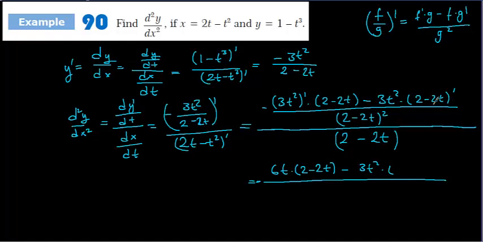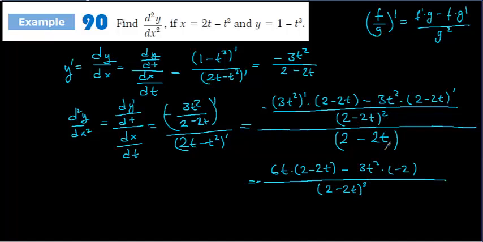Then it is equal to the denominator (2 minus 2t) cubed.